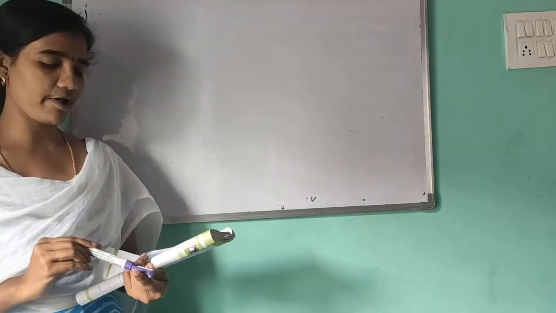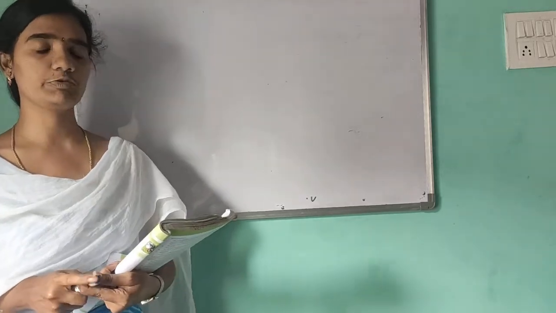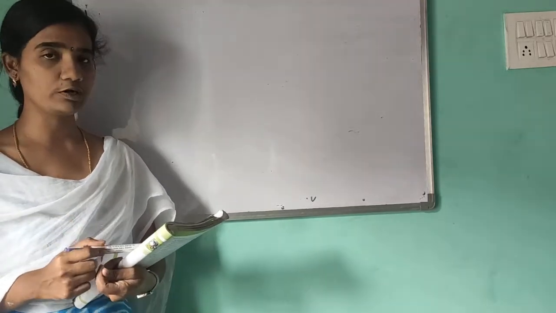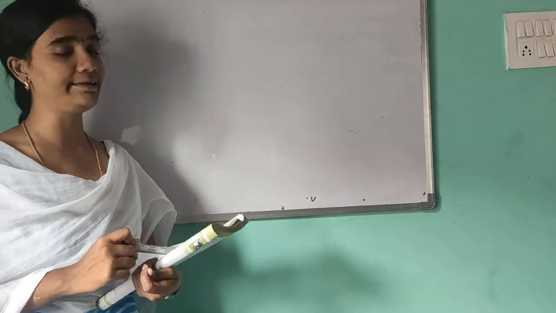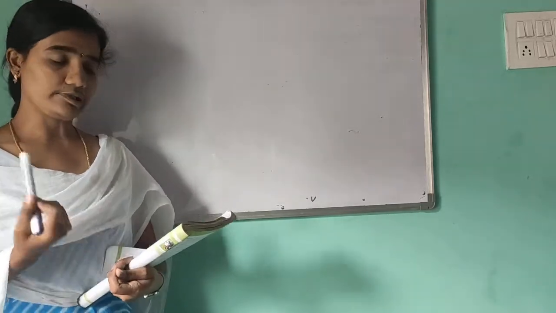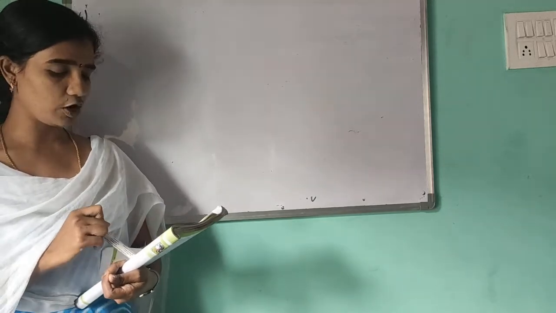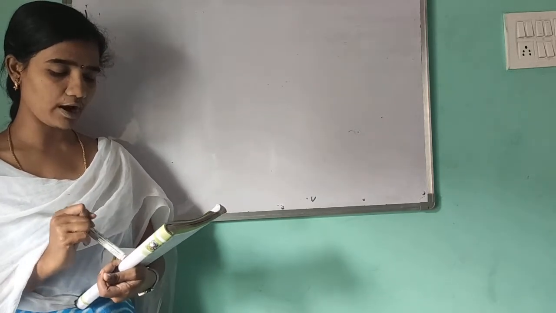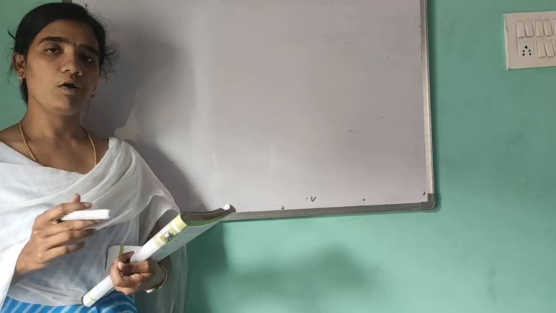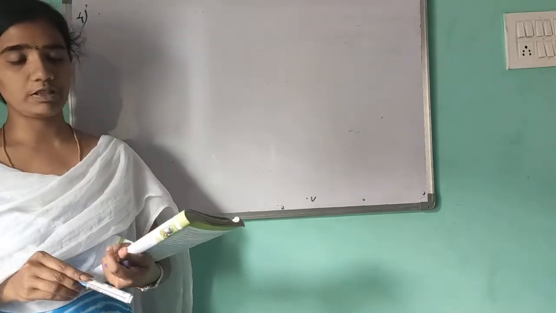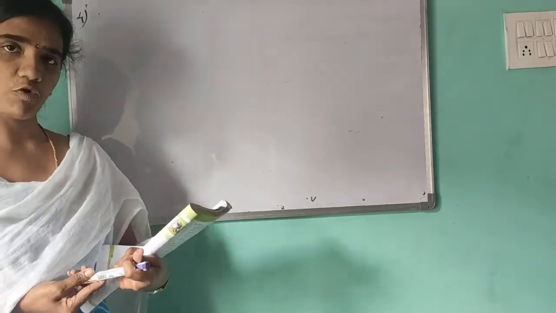Previously we saw the divisibility rule for 4 individually, for 8 individually, and also for 11. But in this fourth one, we verify whether the numbers are divisible by both 4 and 8.